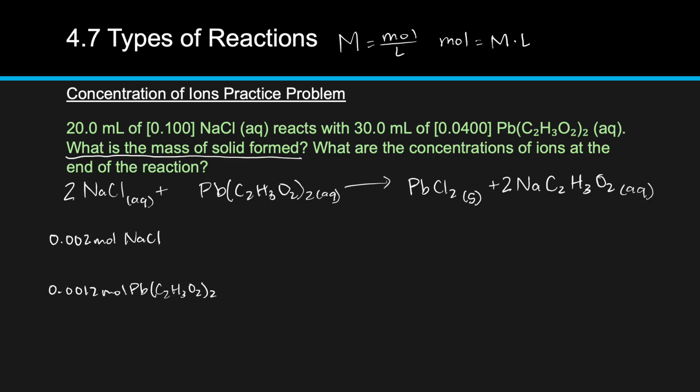So now that we have moles of our two reactants, we can go ahead and solve them into mass of our precipitate so that we can get the actual mass of solid that can be formed. So first step, since we're already in moles, is to just do the mole ratio. So for NaCl, I have 2 moles of NaCl in my balanced chemical equation, and I have 1 mole of PbCl2.